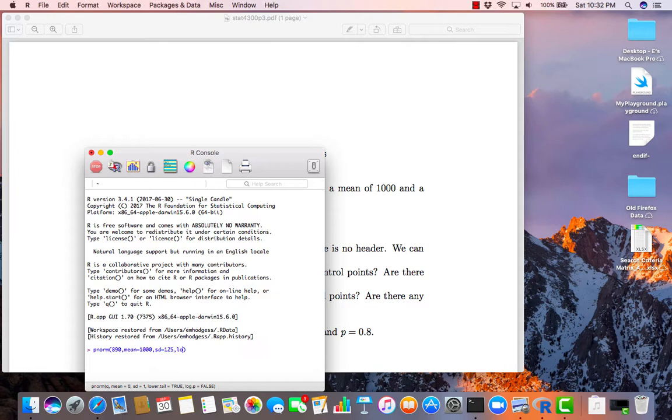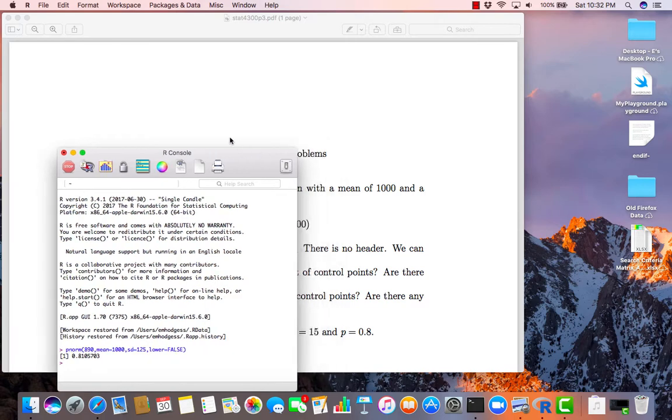Lower is equal to FALSE, as I mentioned. Don't forget to make that all capitalized, because we're pointing to the right-hand side because of the greater than. And you'll get something like 0.8106. Okay? That's all there is to it. Just remember, because of the greater than, you're going to make lower equal false.